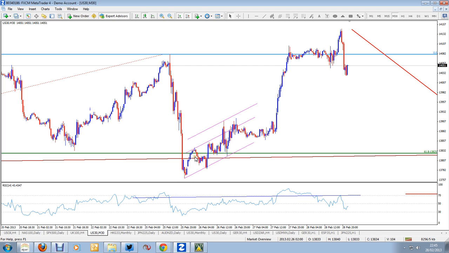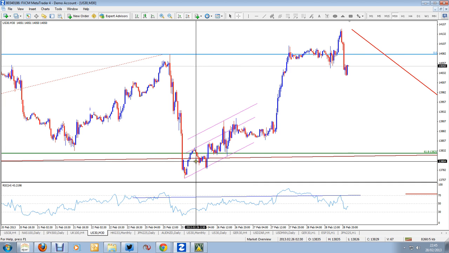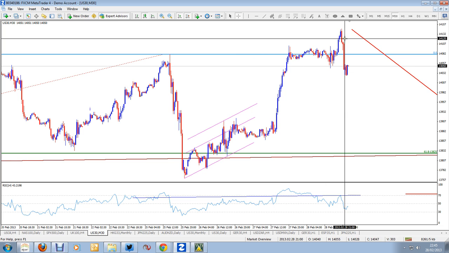So overall it's a wave A, and then this here appeared to be higher than where the wave A started from. And also if you look at this part here, it does not look like an impulsive leg to the upside.